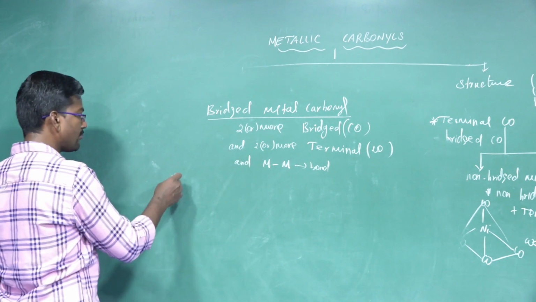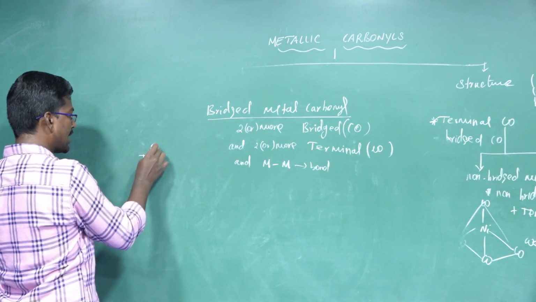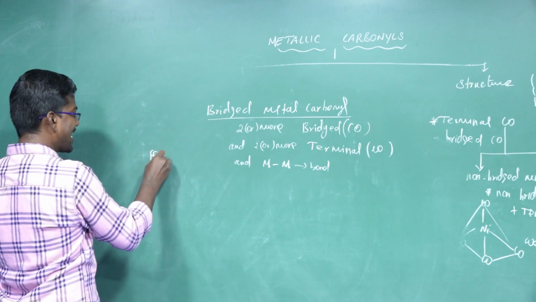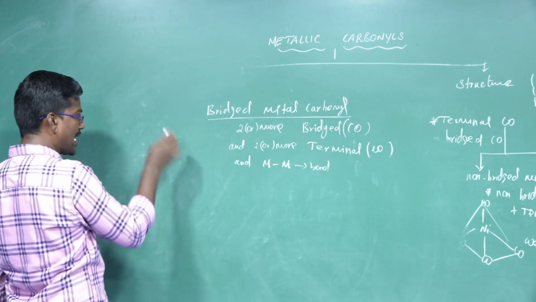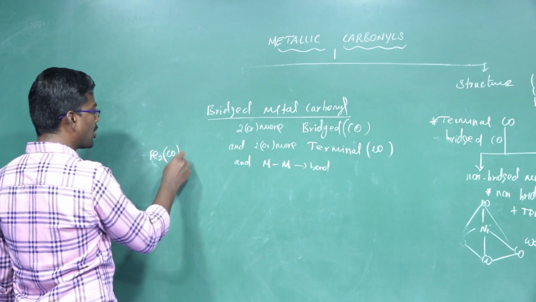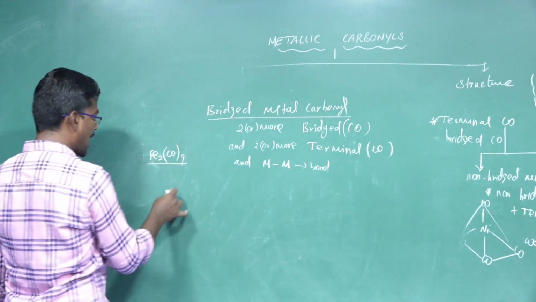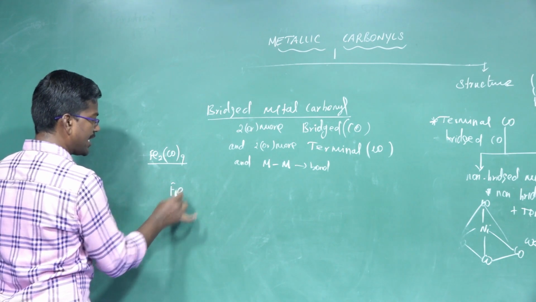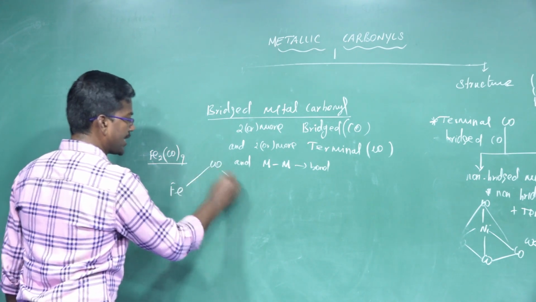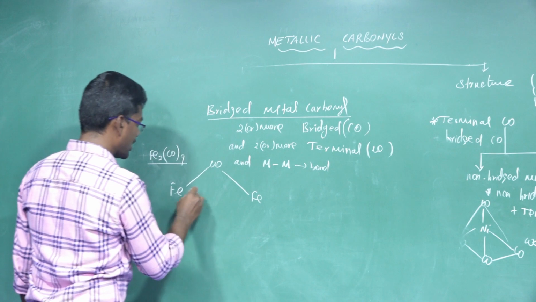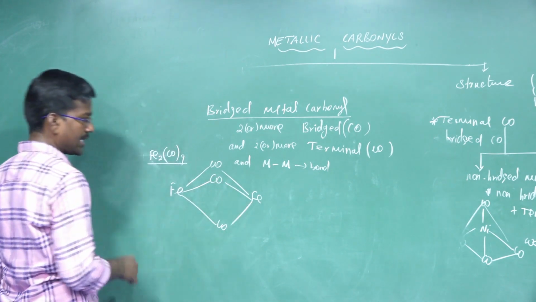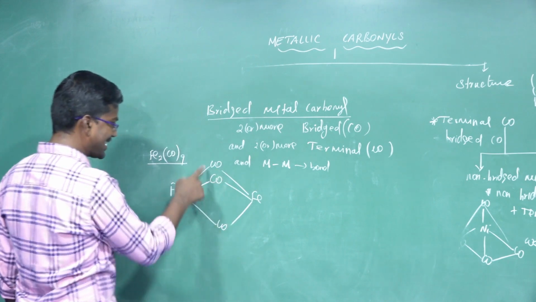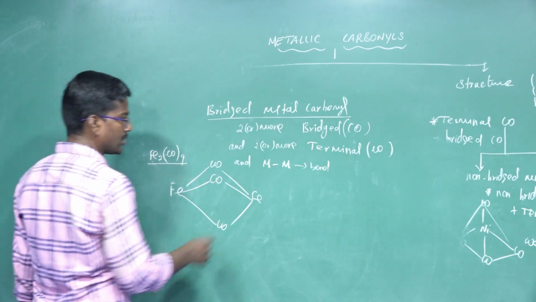Example, diiron nonacarbonyl, Fe2(CO)9. Iron metal, Fe with carbon monoxide, then Fe with carbon monoxide, and then between the two irons 1, 2, 3 bridged carbonyl groups are there.